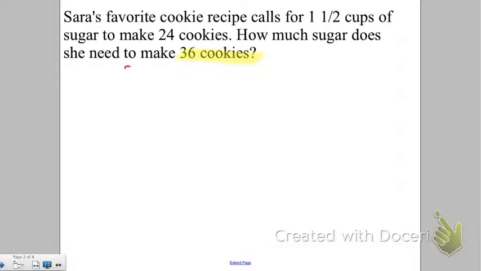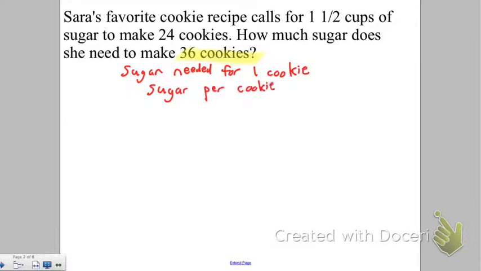This problem will be easier if I determine the sugar needed for 1 cookie. If I need to determine the sugar needed for 1 cookie, I need to determine the sugar per cookie. That means I'm going to do the amount of sugar over the number of cookies.